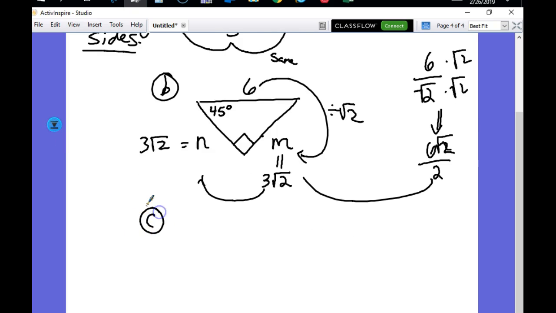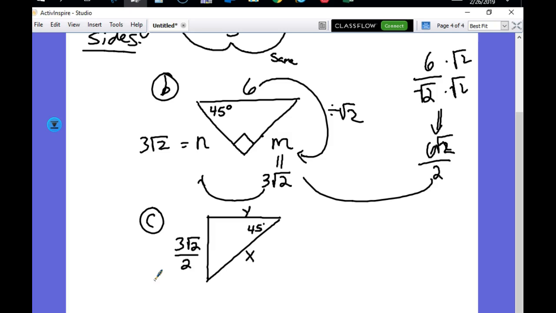All right, last one before I set you loose on some practice. So what kind of triangle are we looking at? 45, 45, 90.